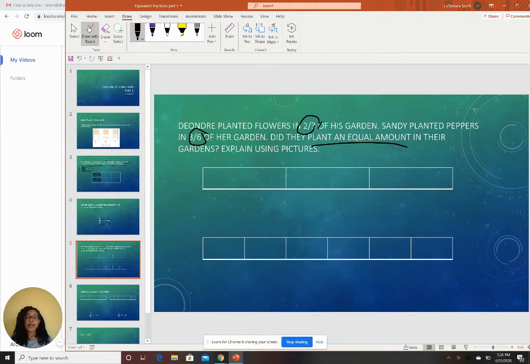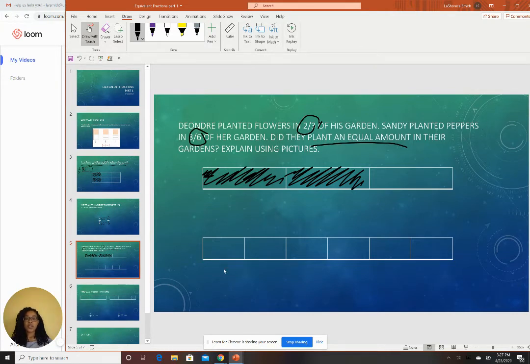So let's go to this first one, and I already created the whole with the 3, and so I need to shade in the part, and that's 2/3. And to really compare the numbers, we need to make sure the bars are the same size, which they are. So then Sandy planted peppers in 3/6.